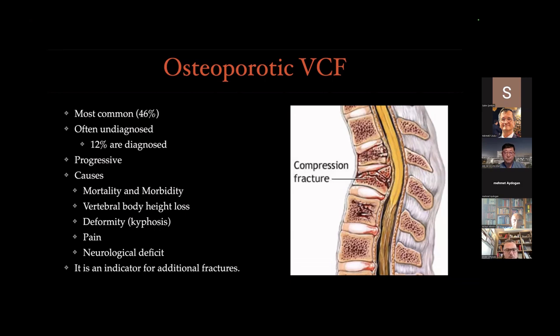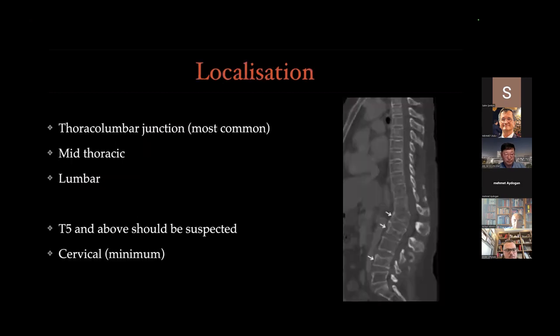There is also vertebral body height loss, deformity, sometimes kyphotic deformity. The first and main problem is the pain. The thoracolumbar junction is the most common localization. But if we see compression fractures at T5 and above, we should suspect that it can be an osteoporotic fracture.